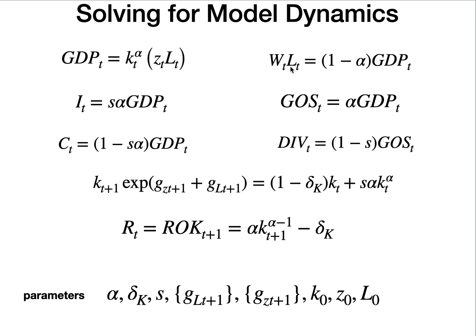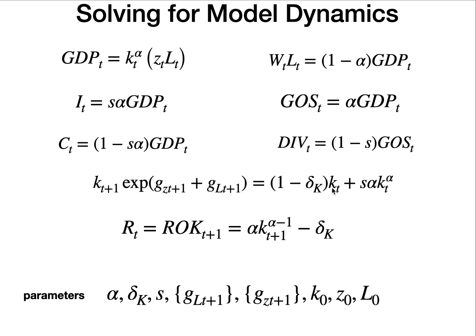These ones about how much wages are, dividends, gross operating surplus, investment, consumption. But we now have to restate how the capital stock evolves, because we're doing things now not in terms of big K, which is the absolute amount of capital in the economy, but in terms of the capital to effective labor ratio.